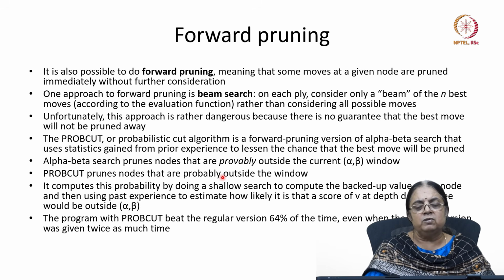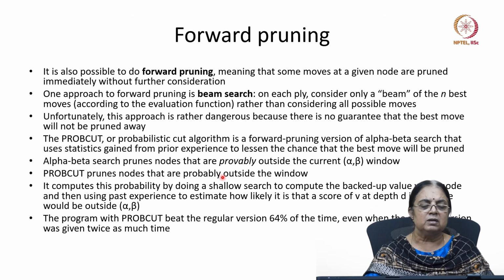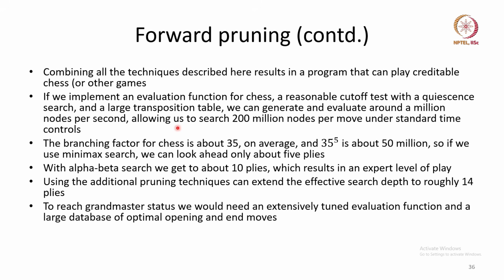So what you do is you have a cutoff test with a quiescence search, a large transposition table. We can generate and evaluate millions of nodes per second. So what happens is you find that if you use minimax search, since you have a branching factor of 35, and if you take say 5 plies, you find about 50 million nodes.